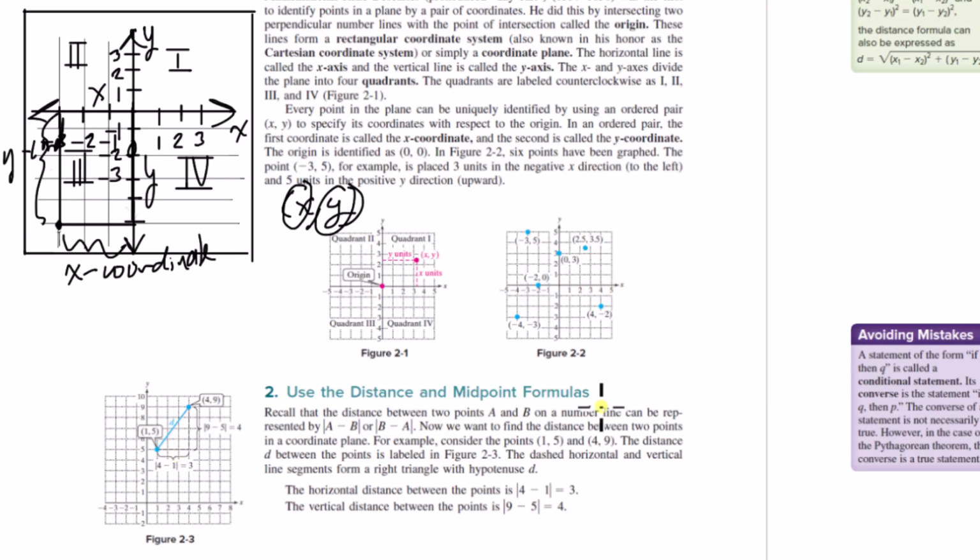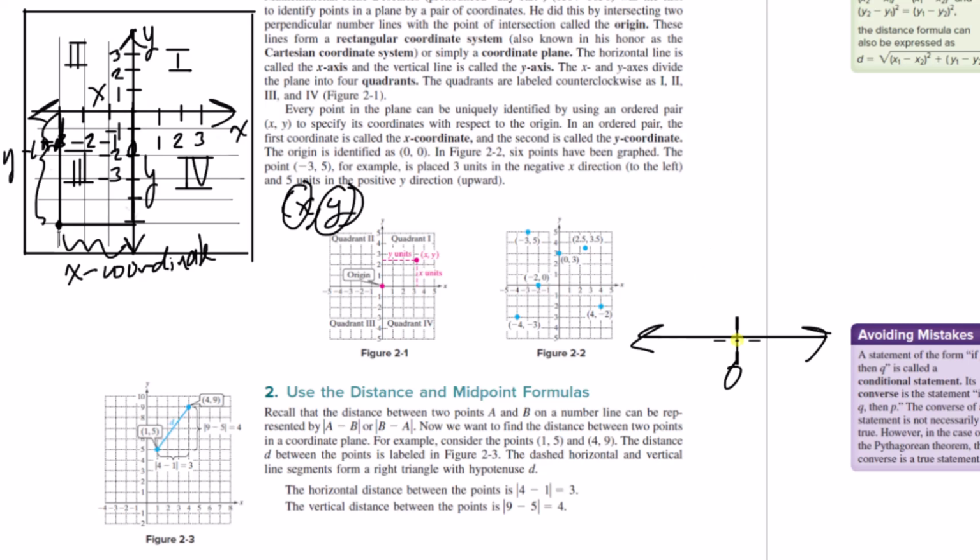It says, recall that the distance between 2 points A and B on a number line can be represented by the absolute value of A minus B, or the absolute value of B minus A. If you had 2 points on a number line, the absolute value of any number is its distance from 0.